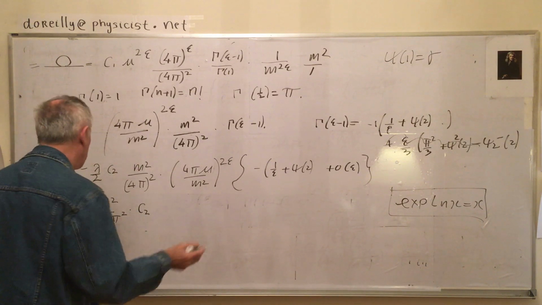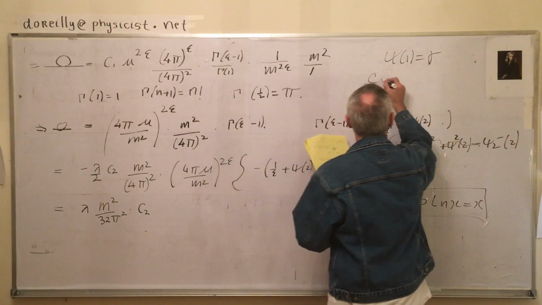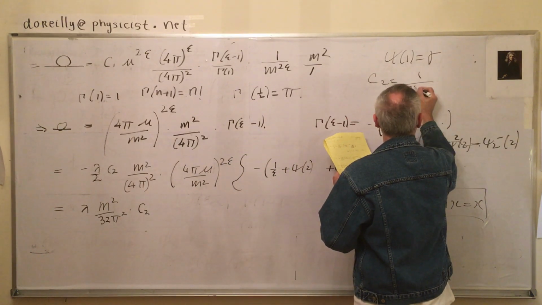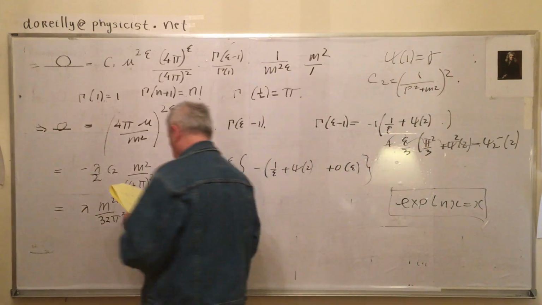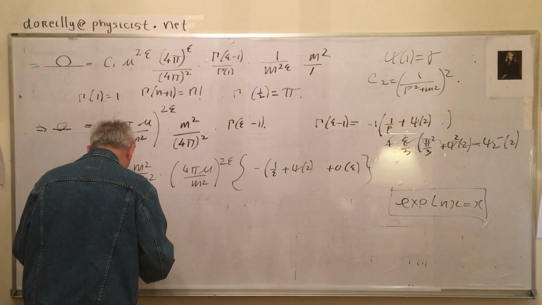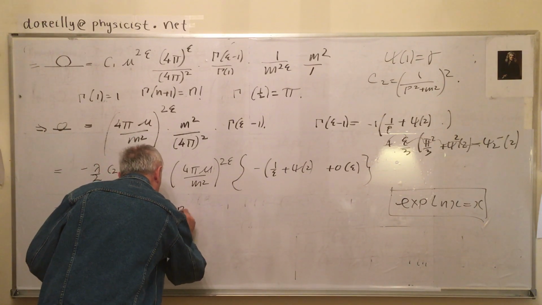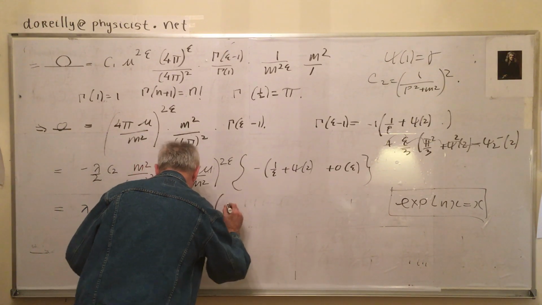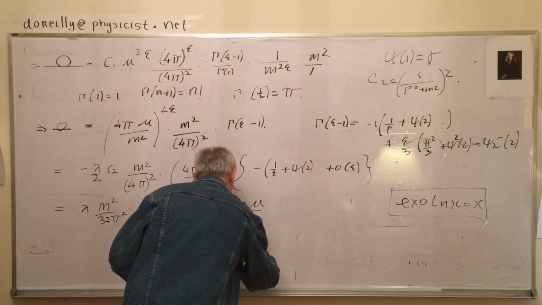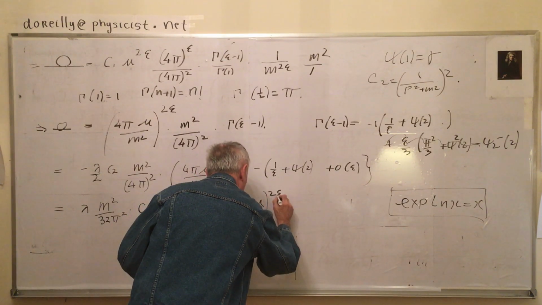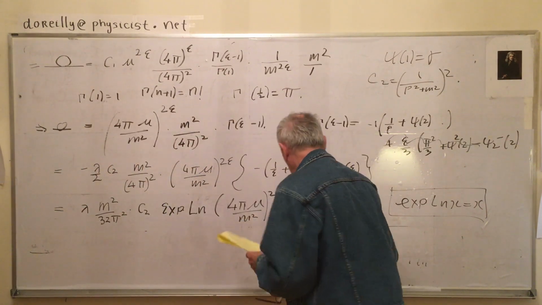Now C2 I absorbed, it's another constant I defined. C2. It's just the external momentum. Now there's a 2 epsilon here because I'm going to use that in the expansion.